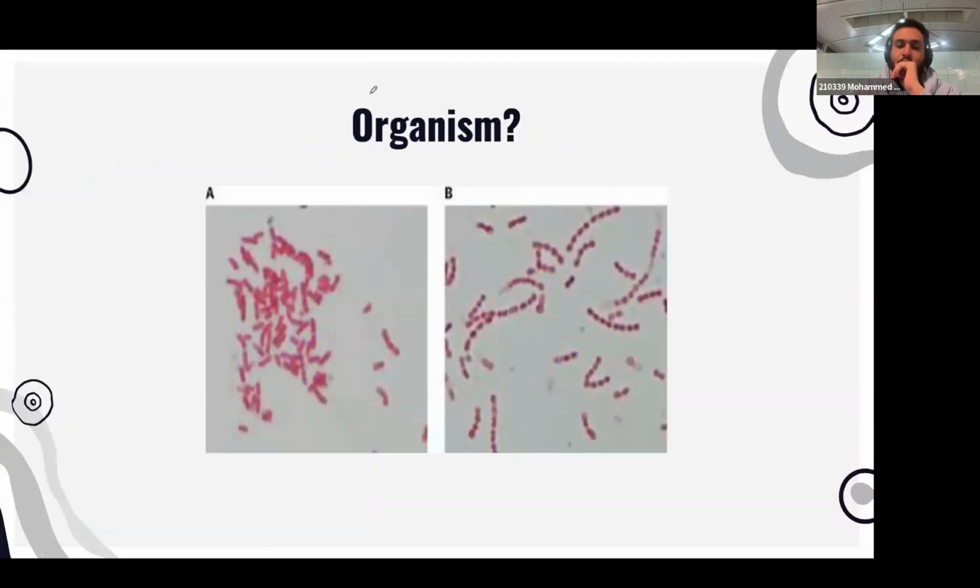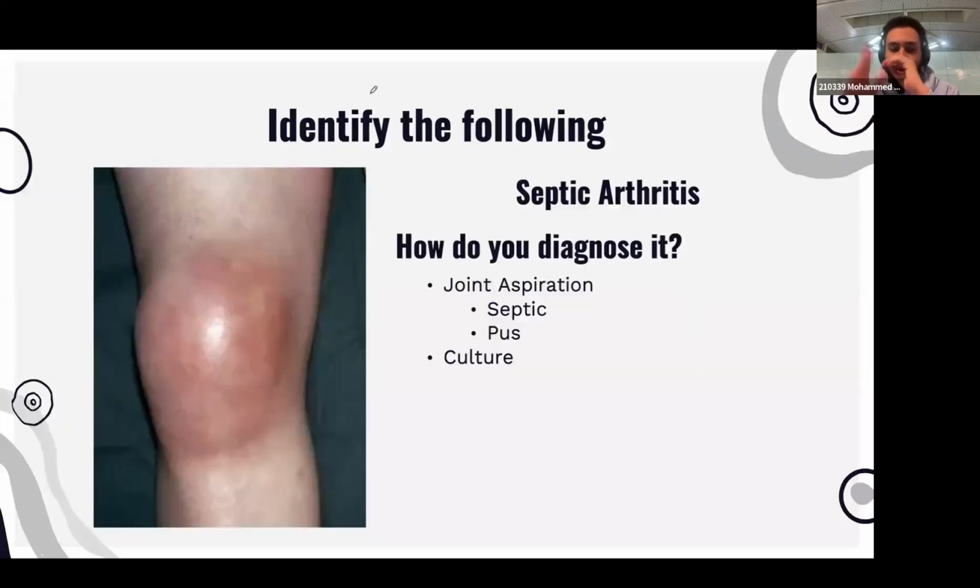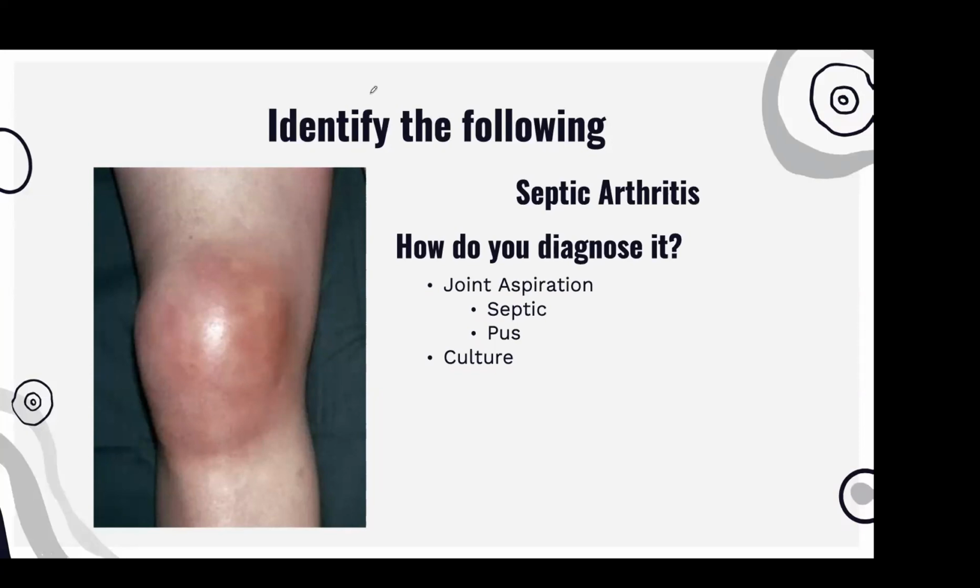Okay. Now, before we go into that slide, can someone tell me what's the most common organism overall that can cause this? Staph aureus. Staph aureus, good. If I have a patient who has sickle cell anemia, what's the most common organism?